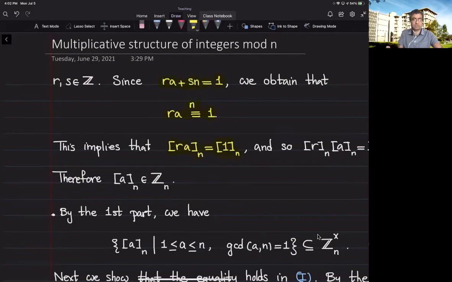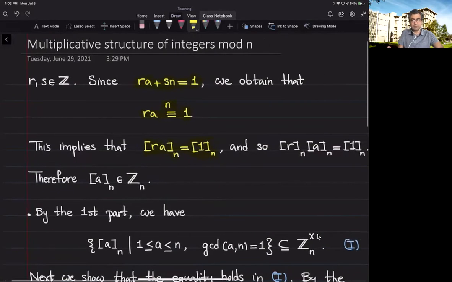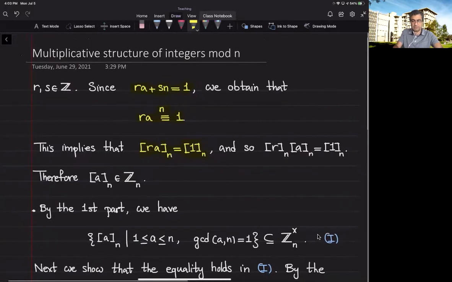And now, by definition of product of residue classes modulo n, we deduce that the residue class of R mod n times the residue class of A mod n is the residue class of 1 mod n. That means this residue class is a unit in integers mod n. That's exactly what we wanted to show.